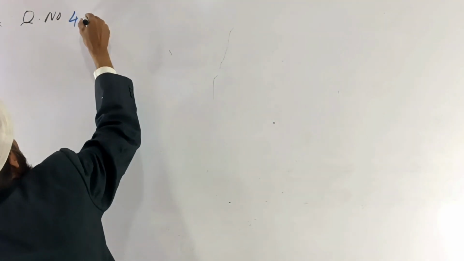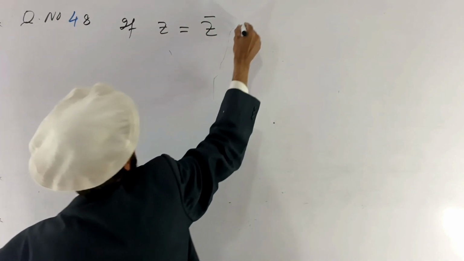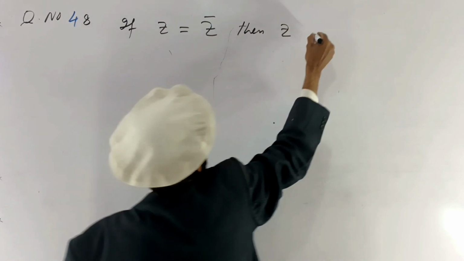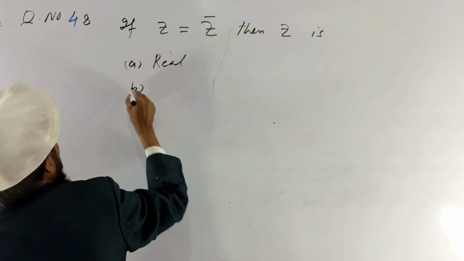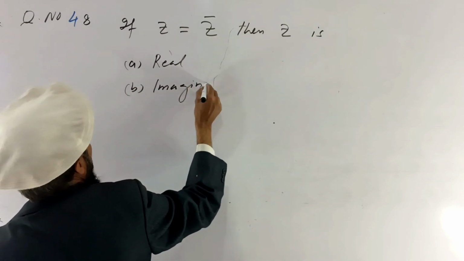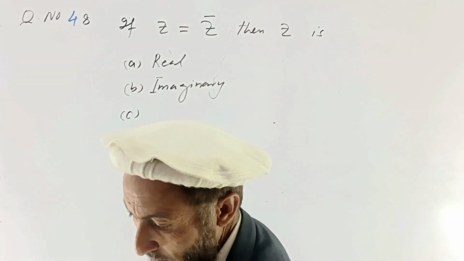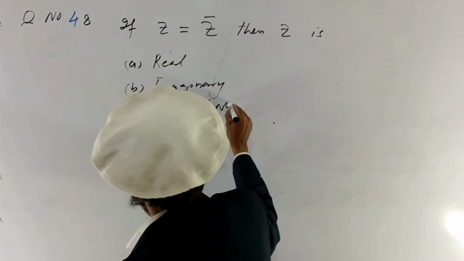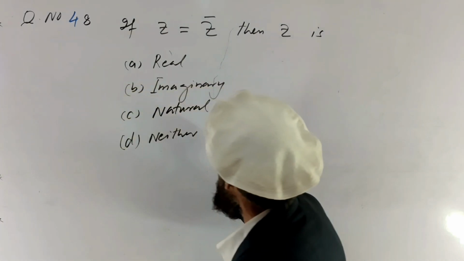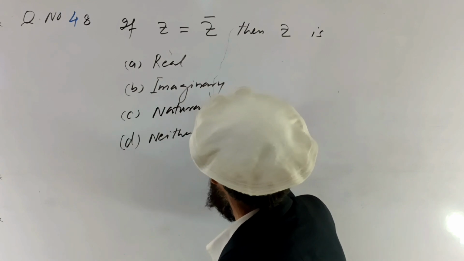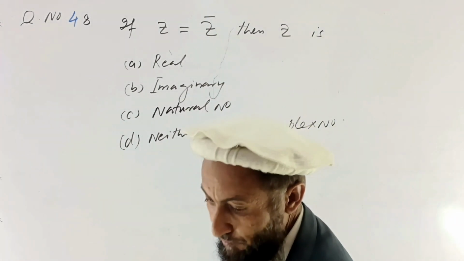Question number 48. If z is equal to minus z conjugate, then z is: A, any real number; B, imaginary number; C, complex number; and D, neither real nor complex number.